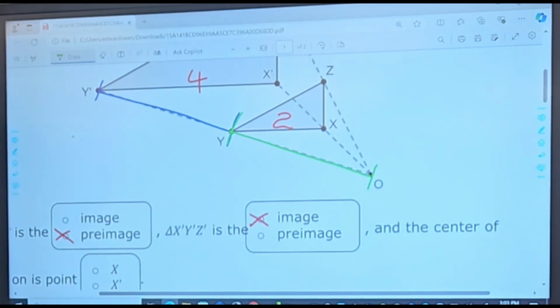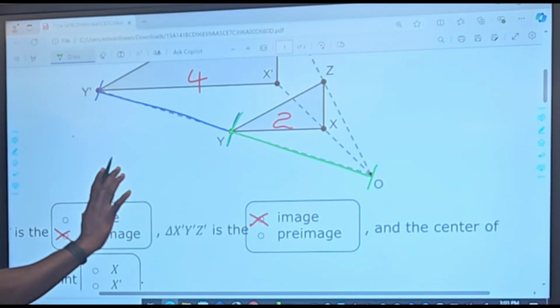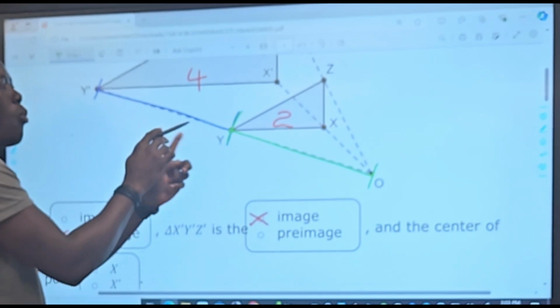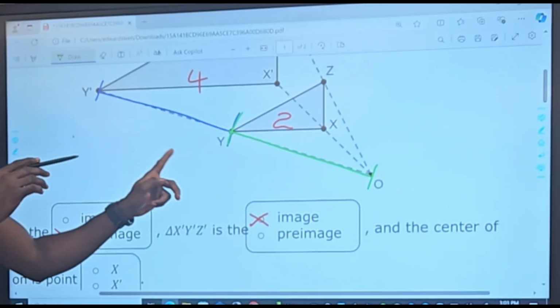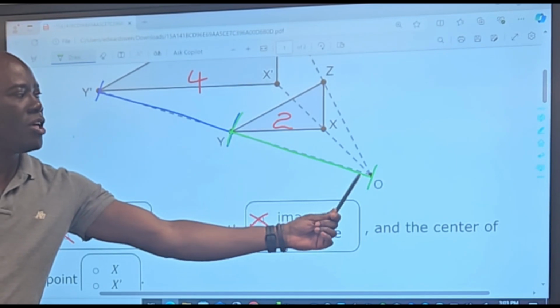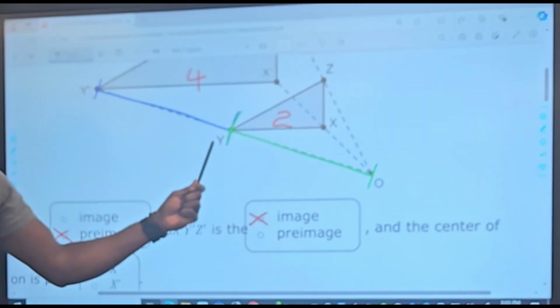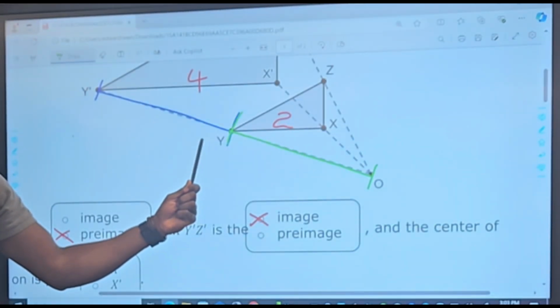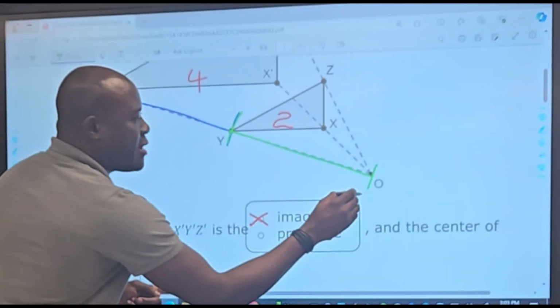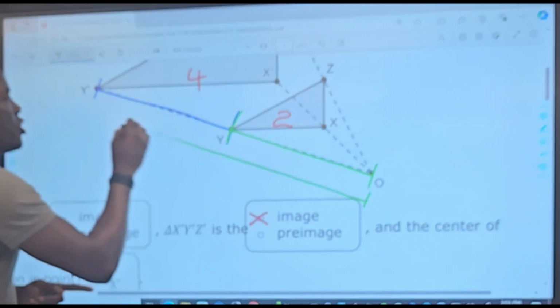So let us look at what we know. We are aware that from O to Y is the distance of the pre-image from the center. This is the center. So from the center to Y. Y is the pre-image. Right, so we want to compare this distance, and then we're going to compare from the center to Y prime here.